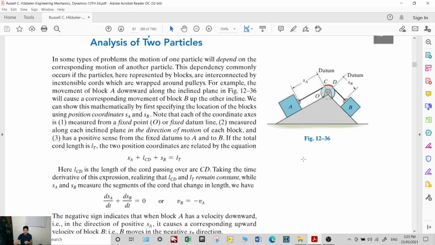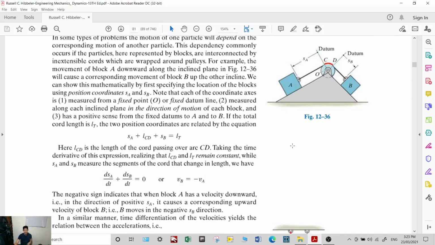Now the total length of the cord is just S sub A plus length CD plus S sub B, equal to the total length of the cord. This CD is the length of the cord passing from point C to D, so it is just constant.